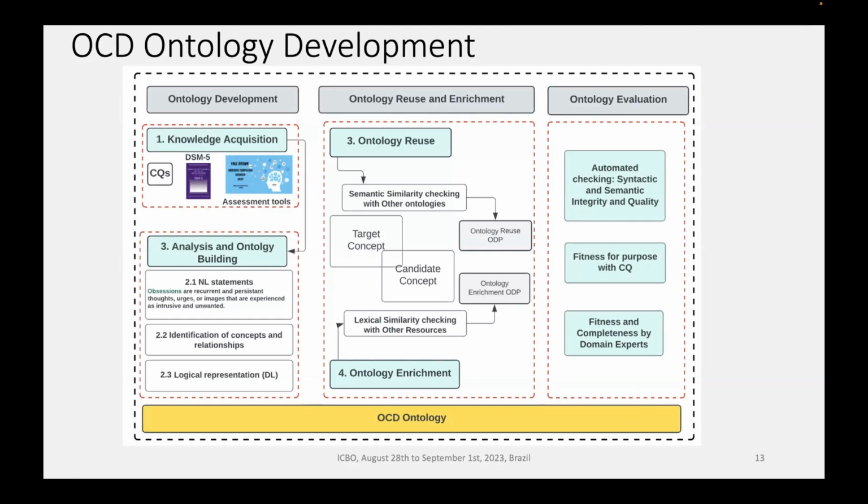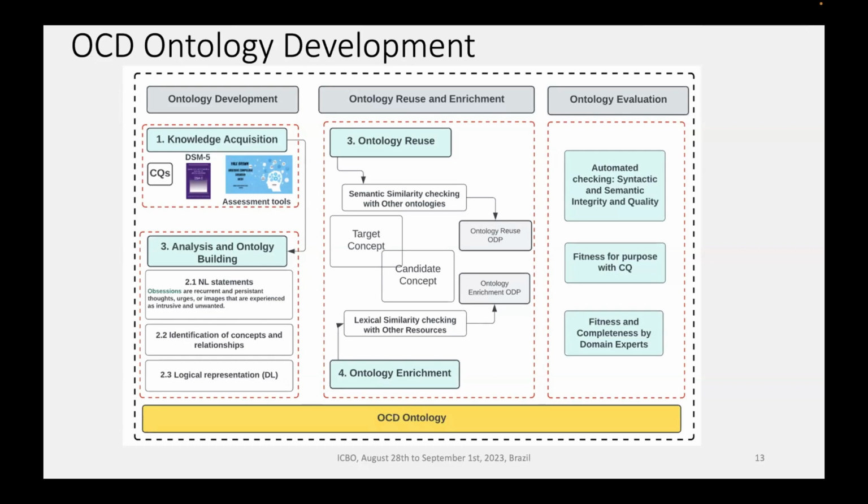The first one is identification of concepts and relationships. The second one is to provide a natural language definition for each concept. And this is in line with the extendable development methodology, where formal definitions are assigned to concepts to establish a shared understanding of the meaning of concepts.